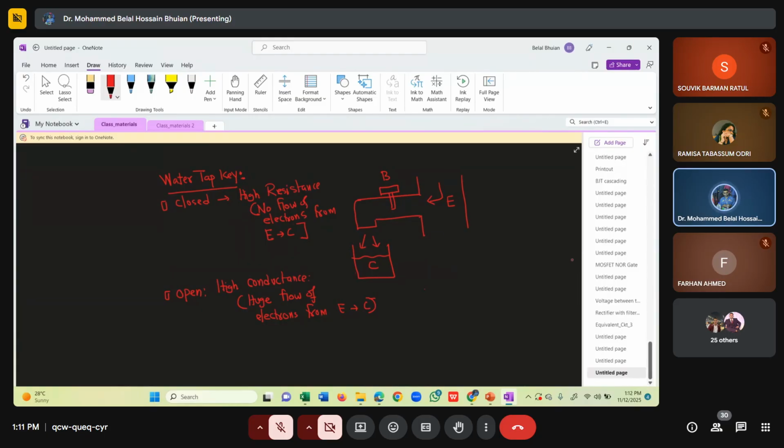Like the same thing we did: let's say this is our emitter region, and you have this resistance, and this is the collector region. The emitter has a huge storage of electrons, and it can collect.